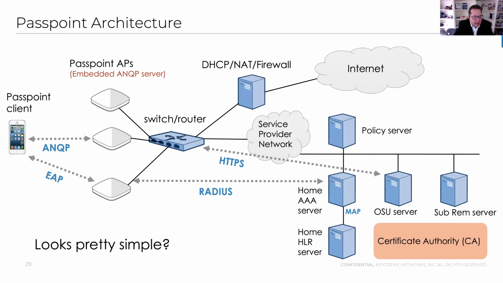At a hotspot location, the Passpoint enabled clients use a protocol called ANQP, Access Network Query Protocol. And that's to find out information about the venue, the hotspot venue, about the cellular services, the service providers, whether it's 3G, 4G, or 5G, what authentication is being used, either EAP-AKA for phones or EAP-TLS, and a lot of other information.